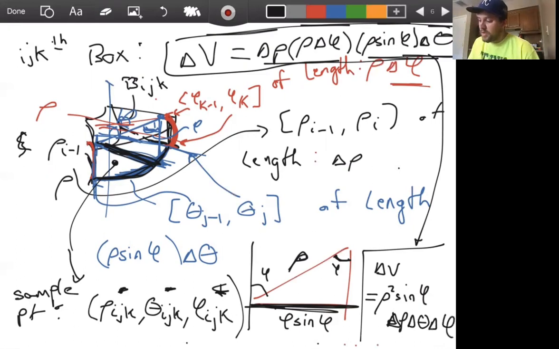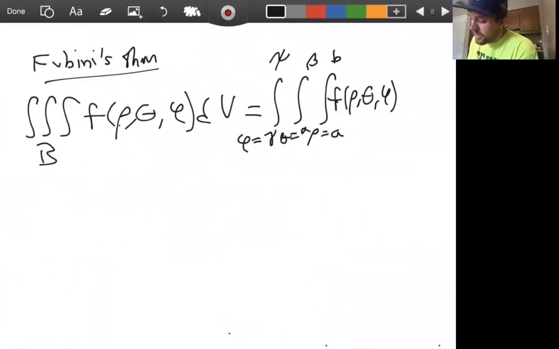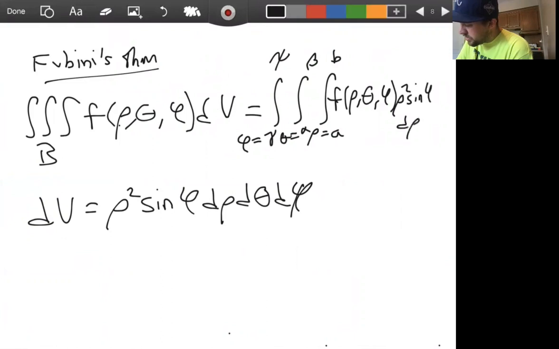And this was what we came up with to calculate the volume of these sub-boxes. And so because of that, dV is equal to rho squared sine phi d rho d theta d phi, right? I'm running out of room, so I'll write the differentials below: d rho d theta d phi.